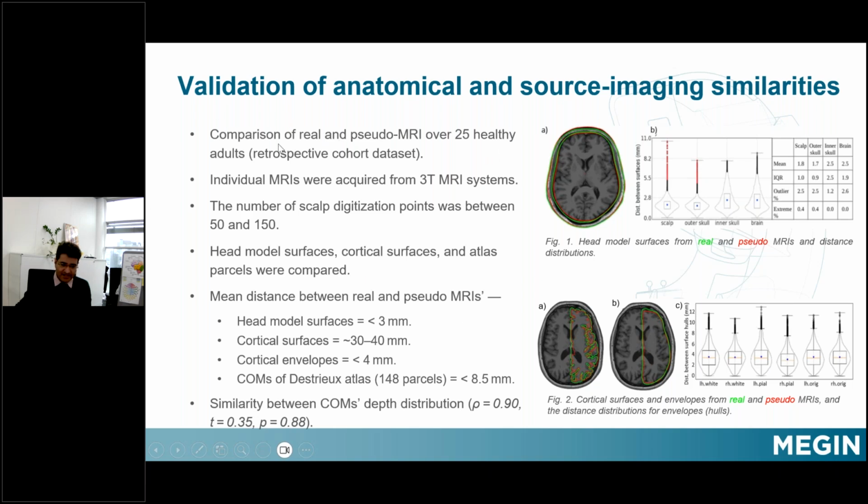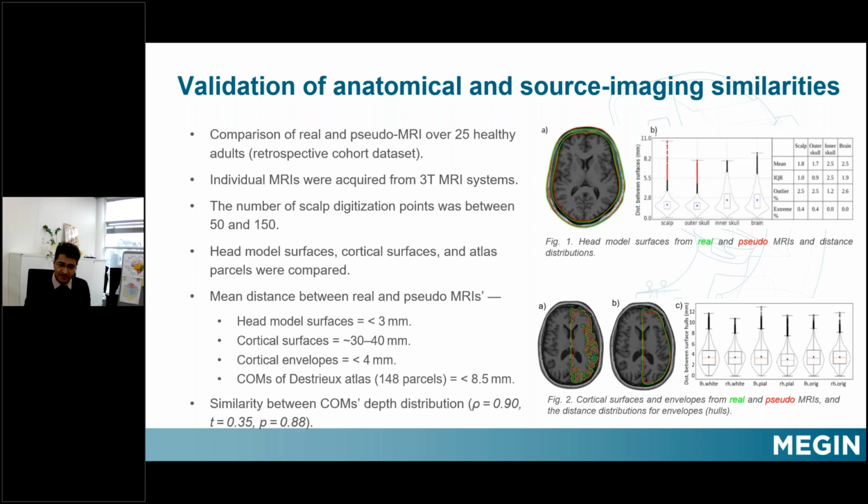We ran this validation on 25 healthy adults. These were retrospective data, which is to be noted, because we didn't take any extra care in the digitization, and most of this data was taken from the CAMCAN dataset. So it was not our own data, and there was no particular care taken during digitization.